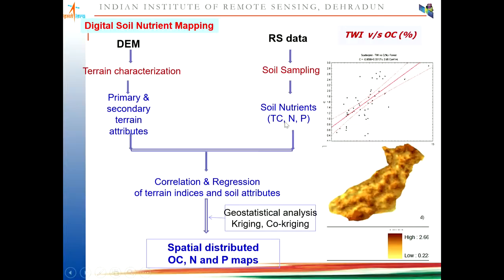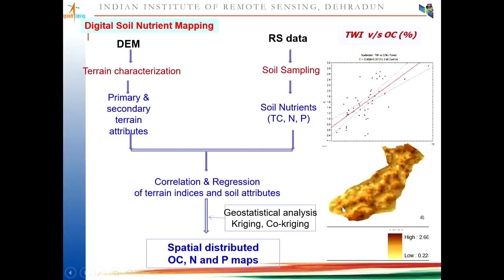Then for each point you can get total carbon, nitrogen, and phosphorus, and these maps can be integrated. Using geostatistical analysis, where kriging and co-kriging methods can be utilized, we can generate the spatially distributed organic carbon, nitrogen, or phosphorus map, or whatever property maps are there.